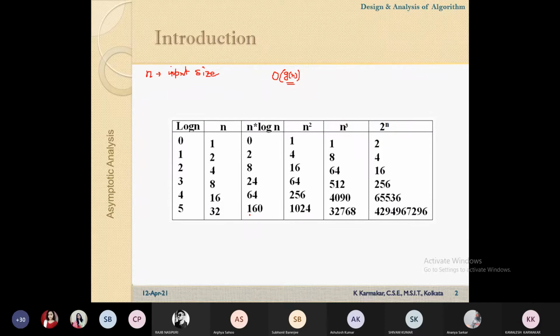Let us assume this is the value of n, the size of input. What will be the size of input? We are all familiar with basic algorithms like sorting and searching, such as linear search and binary search, and sorting algorithms like bubble sort, merge sort, quick sort, and radix sort.